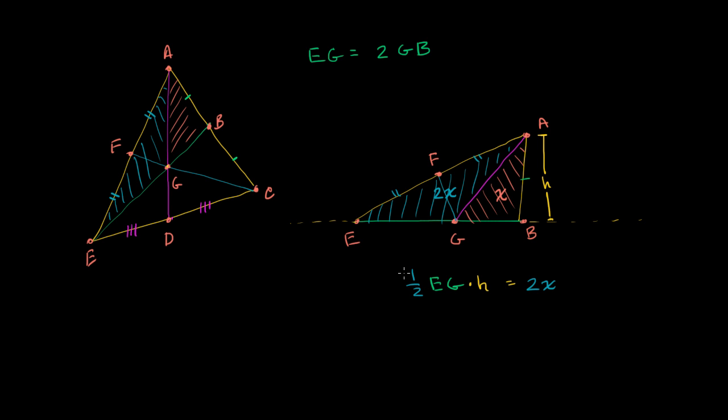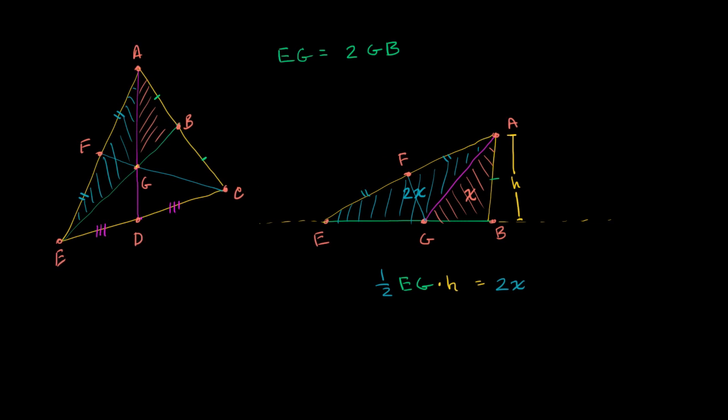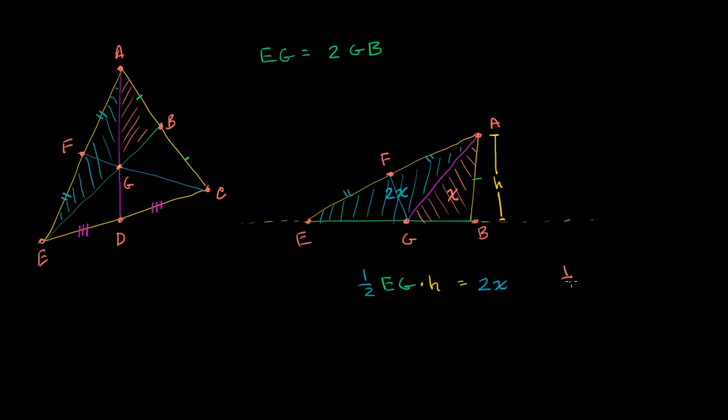I'm just applying the formula for area of a triangle: 1/2 base times height is equal to area. Now let's do the same thing for this orange triangle. We have 1/2 GB times the yellow height is going to be equal to x.